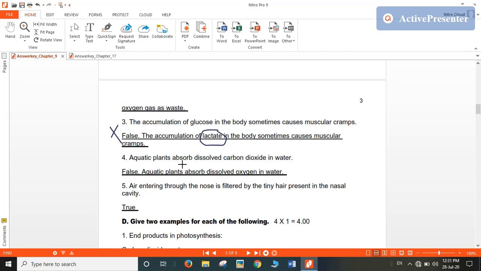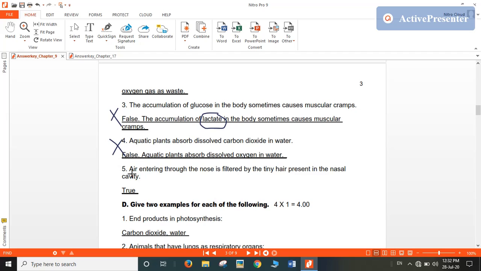Aquatic plants absorb dissolved carbon dioxide in water. No, because aquatic plants absorb dissolved oxygen in water. They do not absorb carbon dioxide. So this statement is false.